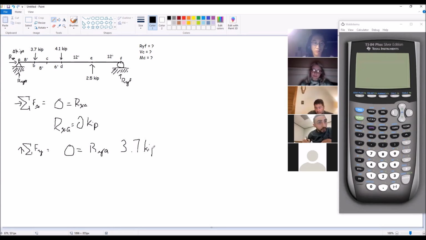That's going down, so that means it's negative. We have 4.1 kips, that's going down, negative, minus 4.1 kips. And then we have this one, plus 2.5 kips because it's going up. And then we have RYF, which is again pointing up, so it's plus RYF.